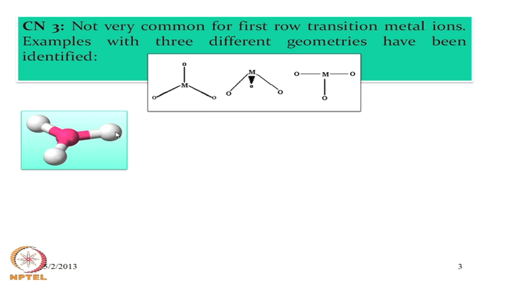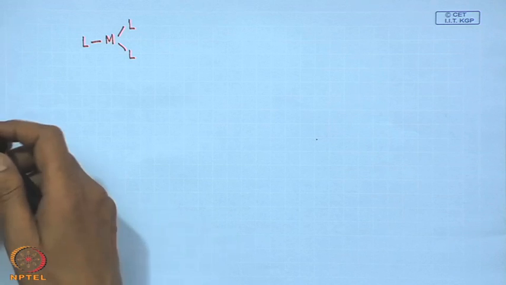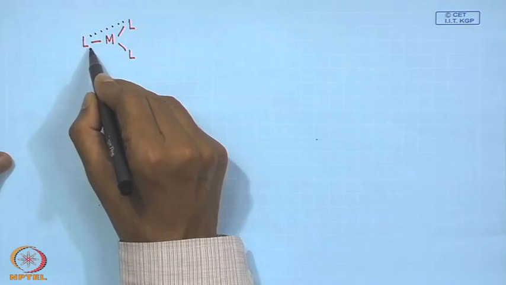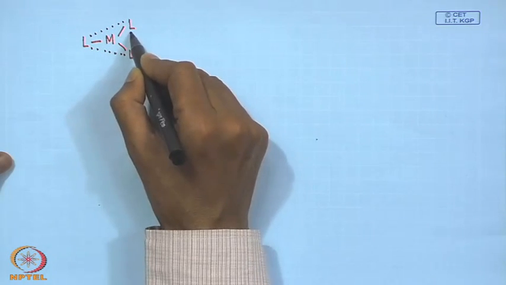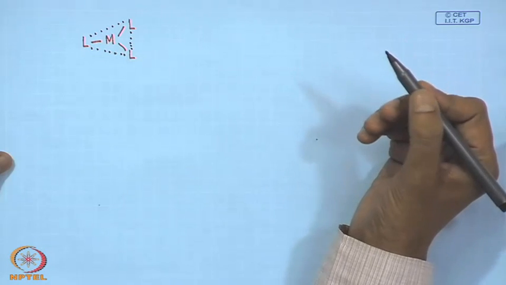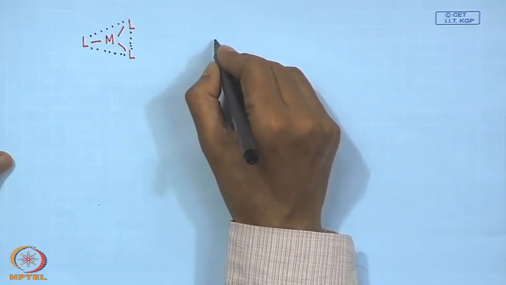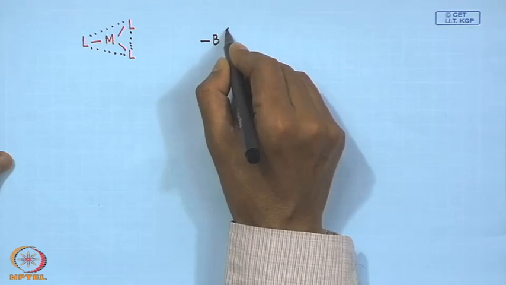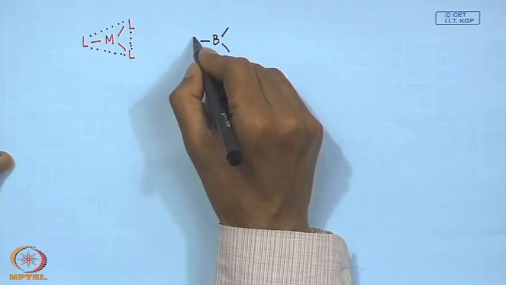So, if we have the metal at the center and 3 ligands at 3 different positions of the equilateral triangle, we get this geometry, which is known for boron trifluoride.